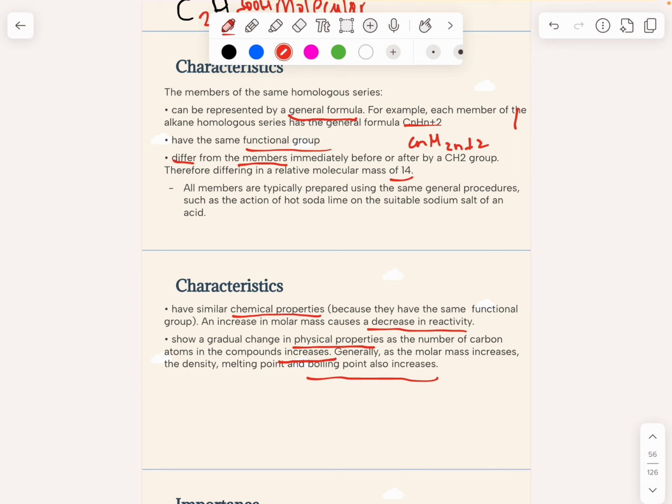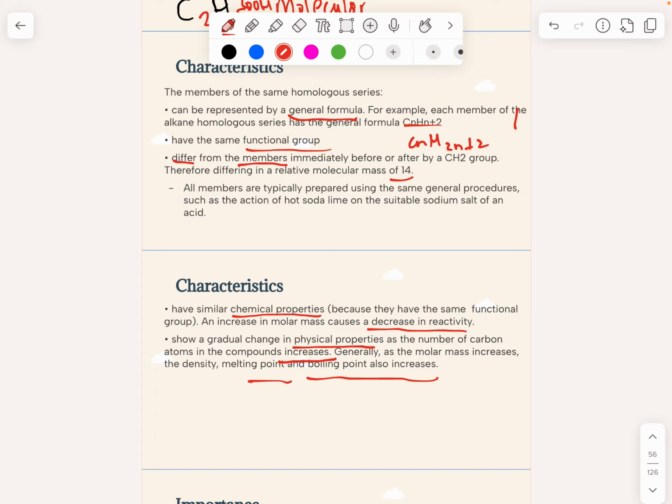So let us recap the characteristics of homologous series. They have the same general formula. They have the same functional group. Members in the same homologous series differ by 14 g/mol. Right? They have similar chemical properties. Reactivity decreases as the number of carbon atoms increases, as the molar mass increases.